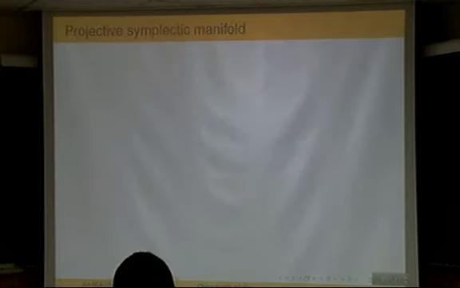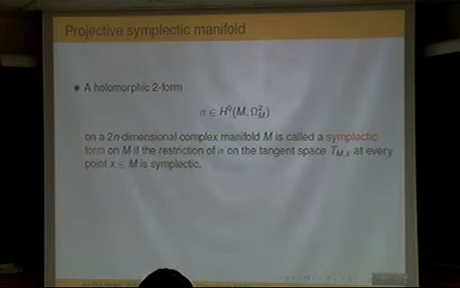Okay, so now I'll define a symplectic manifold. Suppose you are given a holomorphic 2-form on an even dimensional complex manifold. Then we say that this is a symplectic form on this manifold if the restriction of this form to each tangent space is symplectic. Then we say that this is a symplectic form on the manifold.